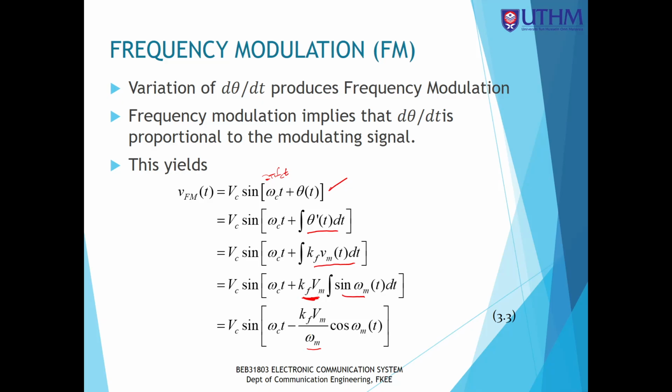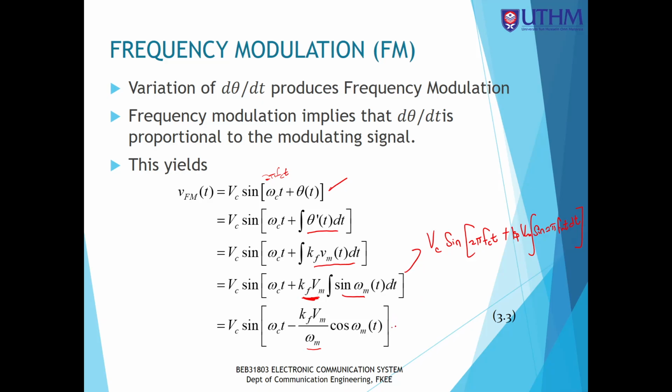If you want to do it like this, that is also okay. For example, Vc sine in bracket 2 pi fc t plus Kf Vm integral of sine 2 pi fm t dt, and then close bracket.